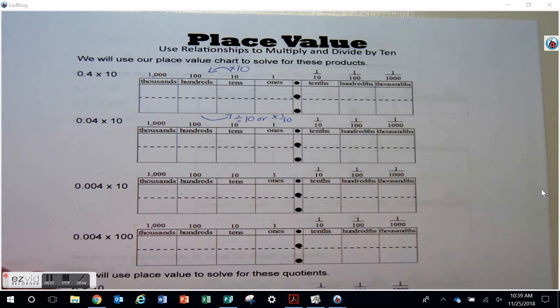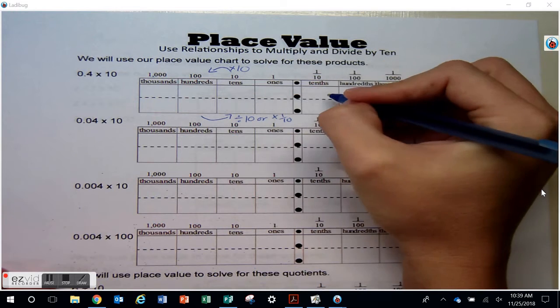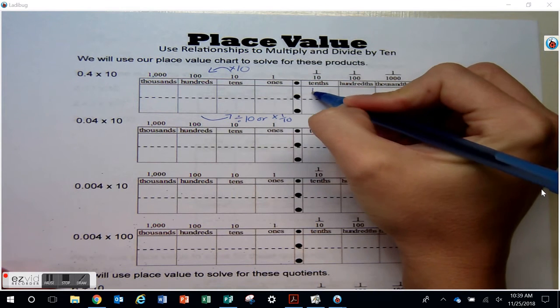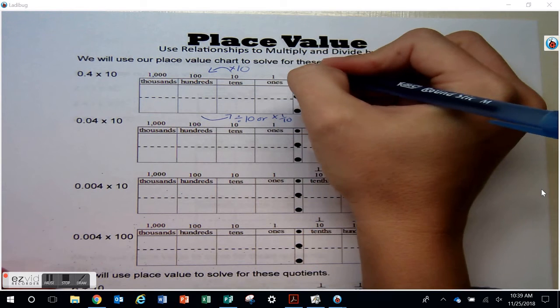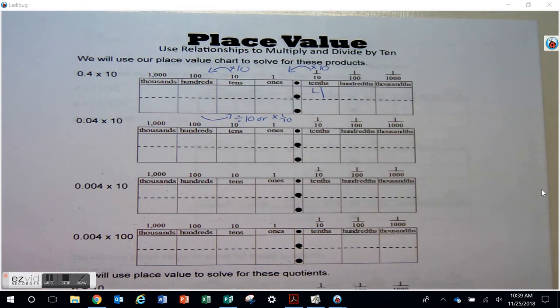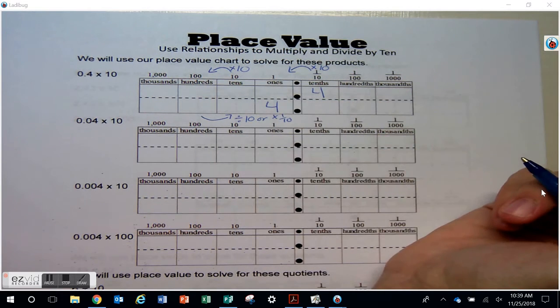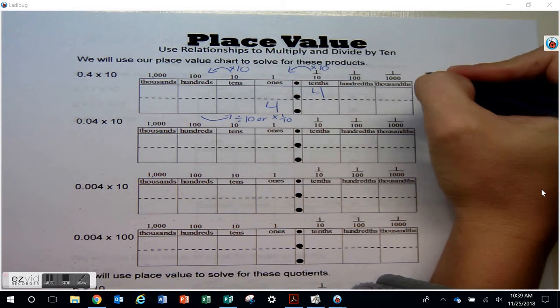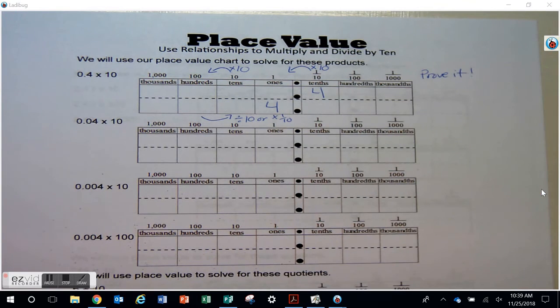So if I have 4 tenths and I'm multiplying by 10, let's go ahead and put 4 tenths. Here's my decimal point. The 4 would come right after that. If I multiply by 10, 4 tenths times 10 would give me 4 ones. Let's go ahead and prove it with some fractions.